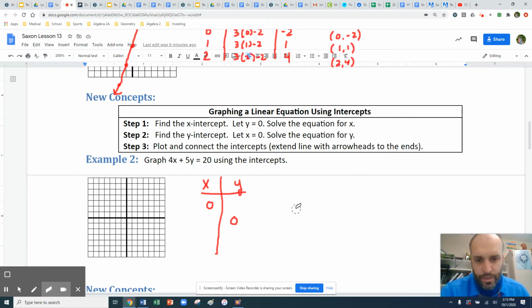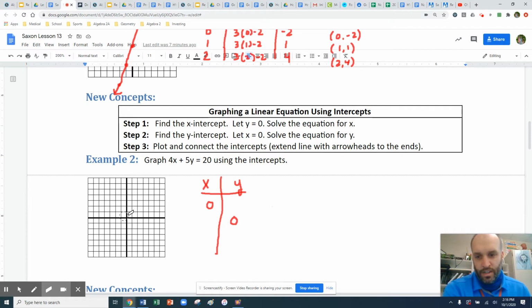To graph a line, we really only need 2 points to make it. Another way to graph linear equations, if they are in standard form, is by finding the x and y intercepts. When a line crosses the y-axis, the x-coordinate is going to be 0.